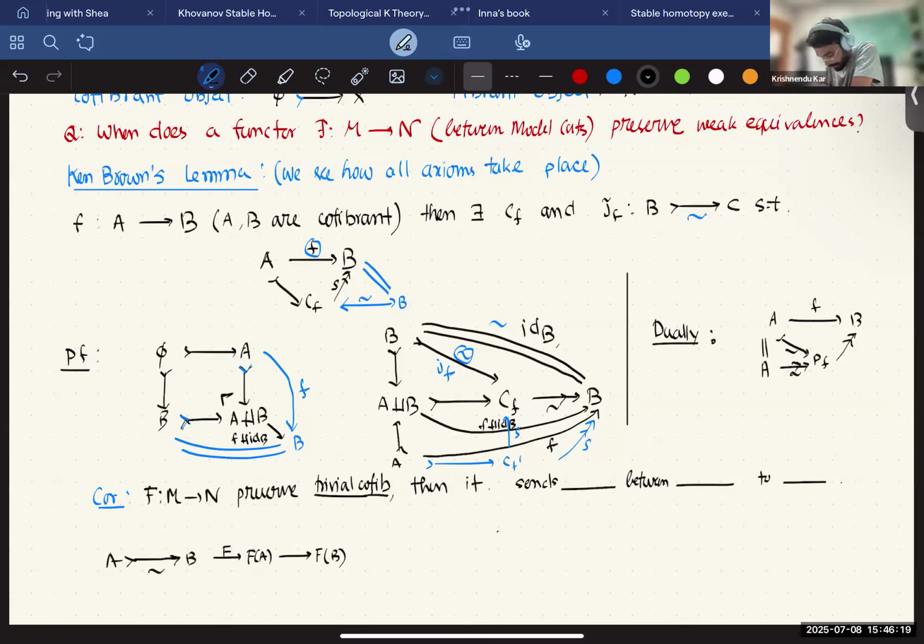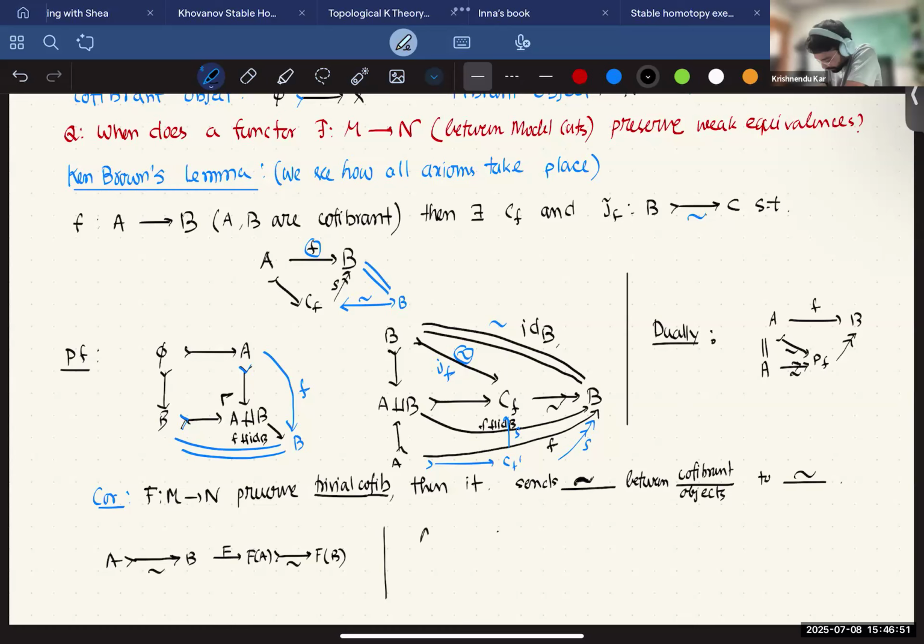Then it sends your weak equivalences between cofibrant objects to weak equivalences. How? So it sends your trivial cofibrations to your trivial cofibrations, right? Now, to see that it preserves your weak equivalences, we will use Kan-Brown's lemma.